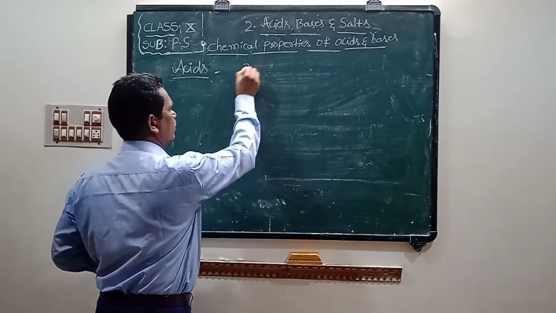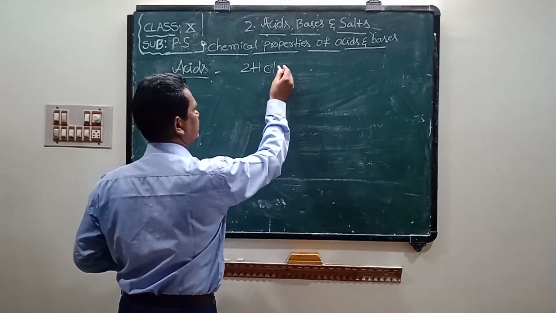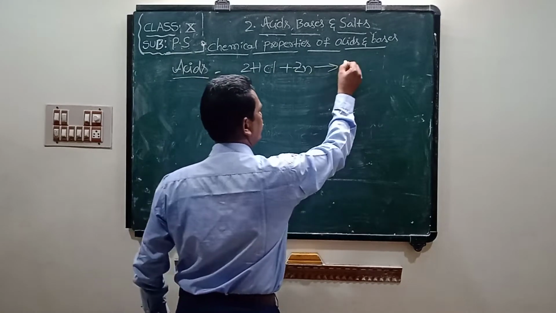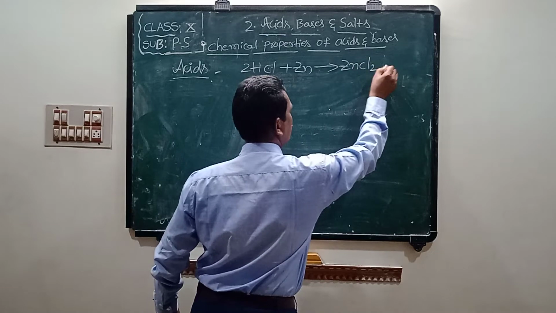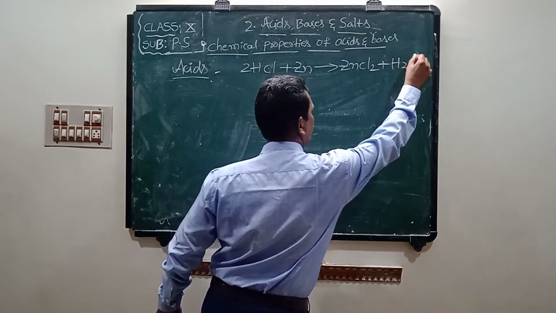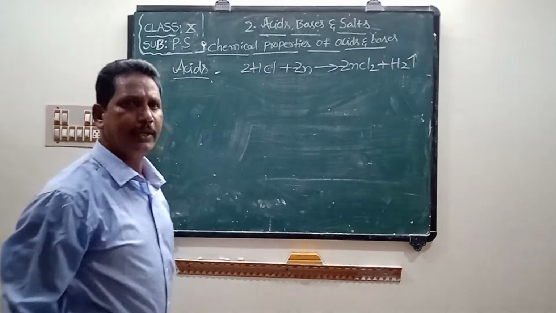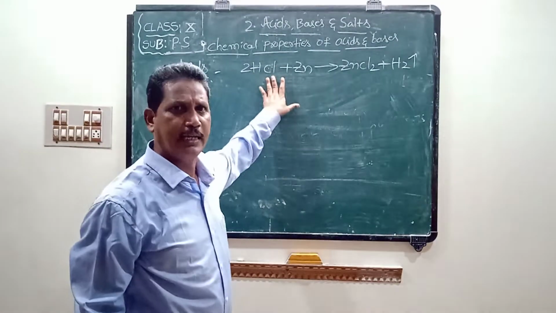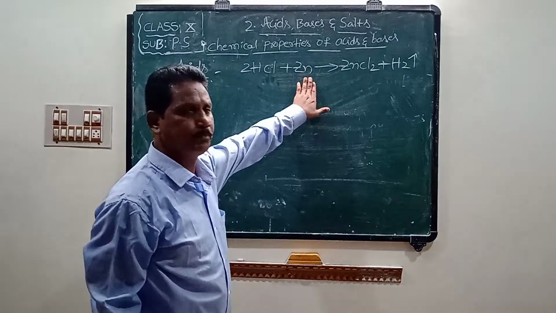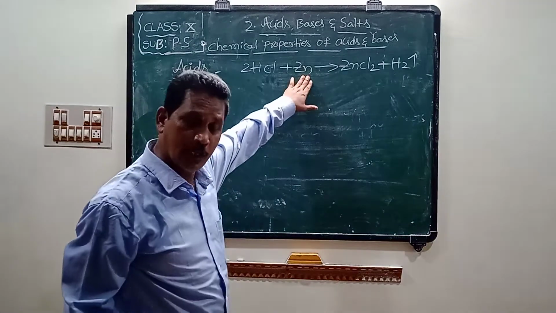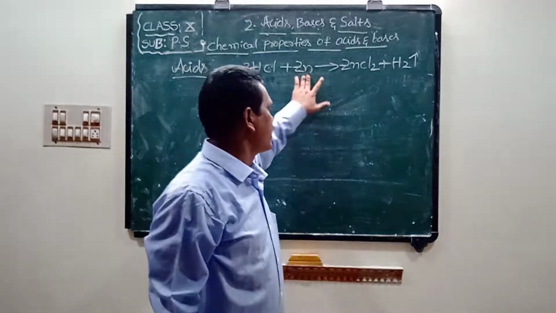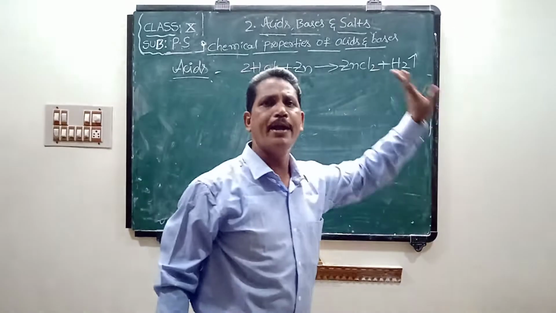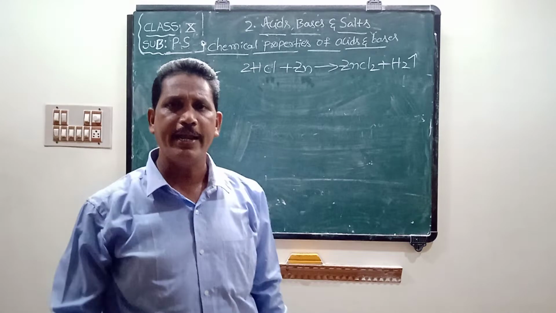For example, 2HCl plus Zn gives ZnCl2 plus H2. Here, two molecules of hydrochloric acid react with zinc metal to form the corresponding chloride, zinc chloride, and liberate hydrogen gas.